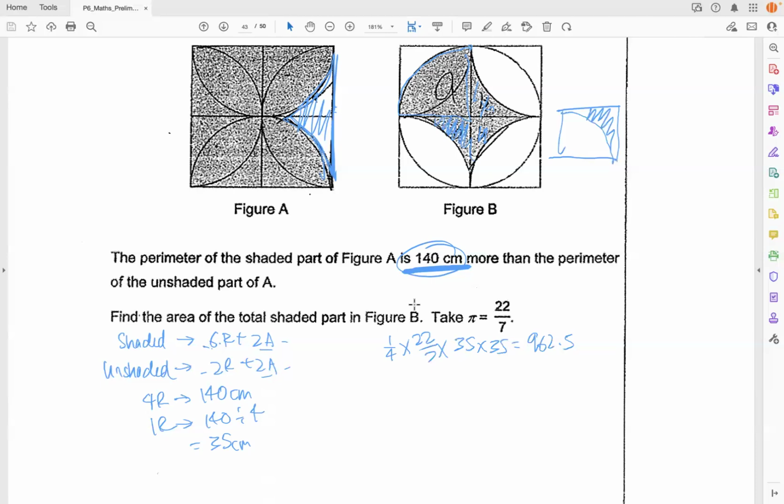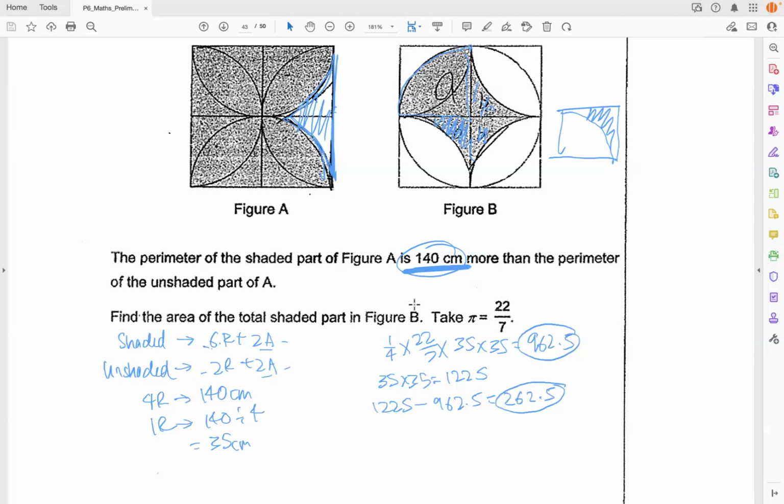Area of square is what? Area of square is 35 times 35. And that is 1225. A boomerang will be 1225 minus 962.5. So square minus quadrant, you get a boomerang. 262.5. So this is a boomerang, this is a quadrant.